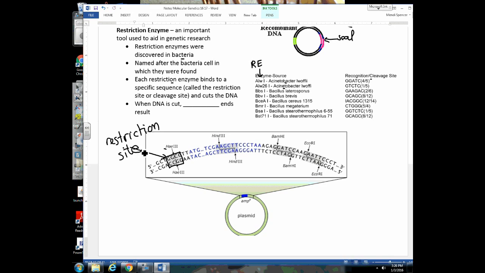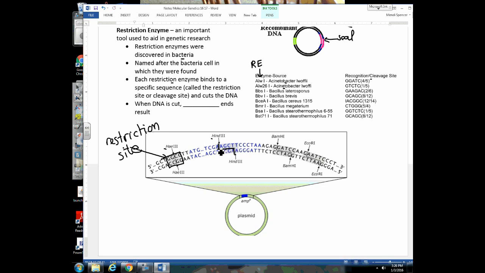Now, when the DNA is cut by the restriction enzyme, you're going to end up with some base pairs that are not matched up. For example, this restriction enzyme recognizes A, G, C, T, T, and whenever it sees that sequence, it can bind to it and cut right here, between those two A's.